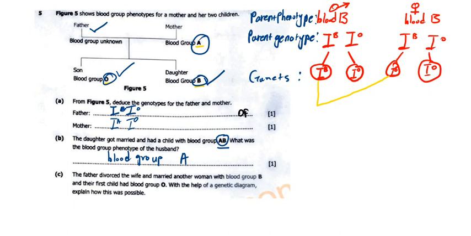So we can just say offspring genotype. So the offspring genotype will be, now remember, BB.